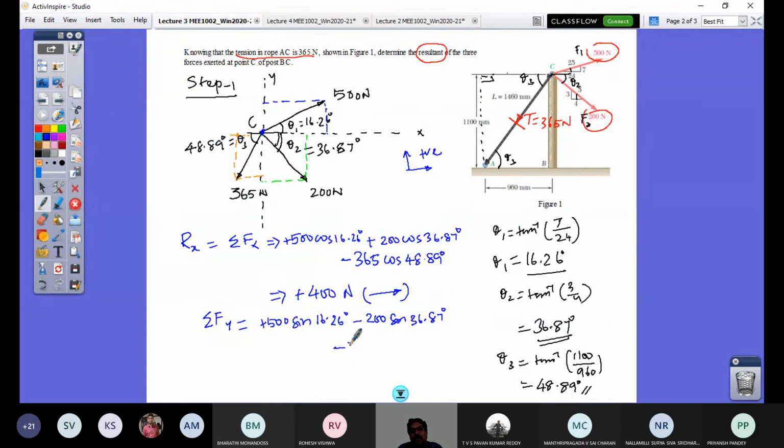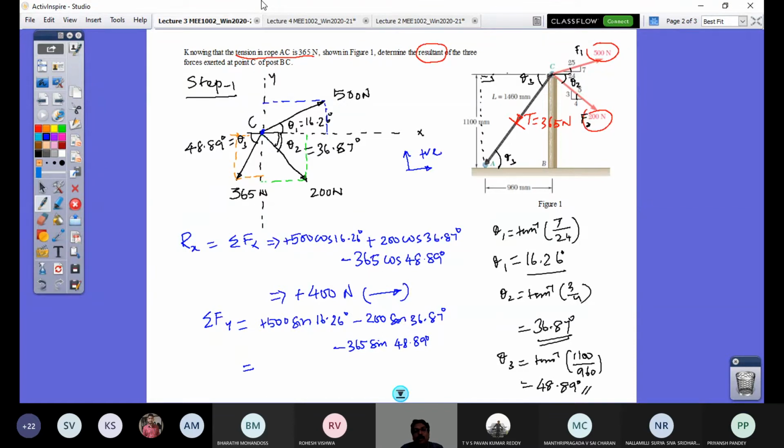So minus 365 sine of angle 48.89 degrees. So I would be able to get my vertical component sum. The sum of all these three components will be the component of the resultant in y direction.